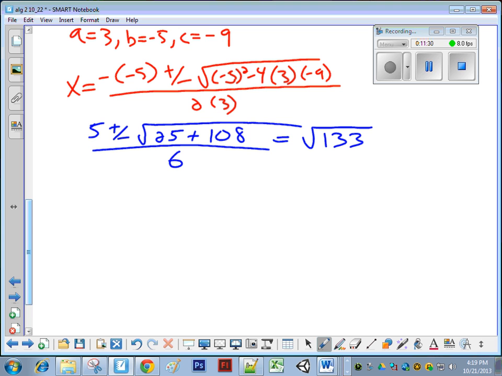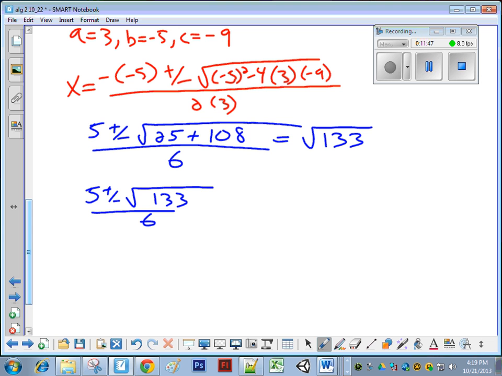So I have a couple ways of writing my answer. The first way is simply like this: 5 plus or minus the square root of 133 over 6. And in some cases, we can leave the answer like that.